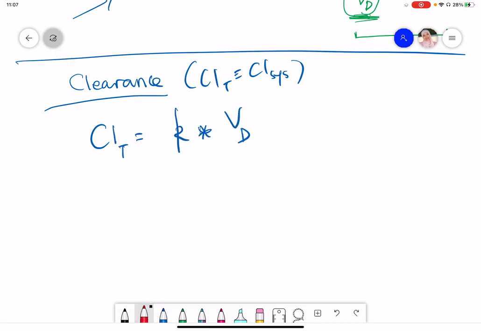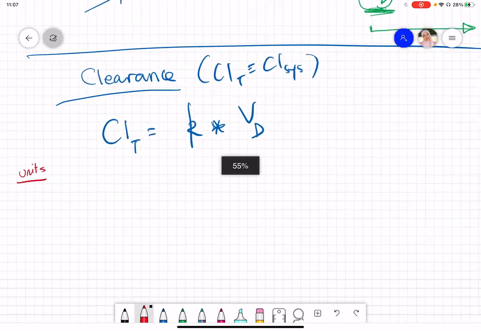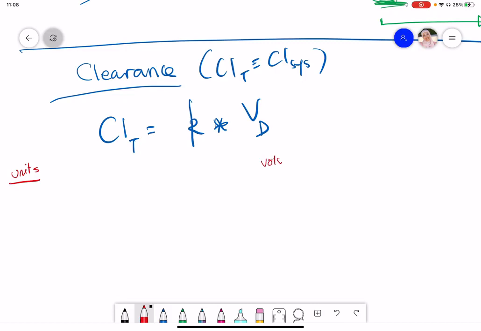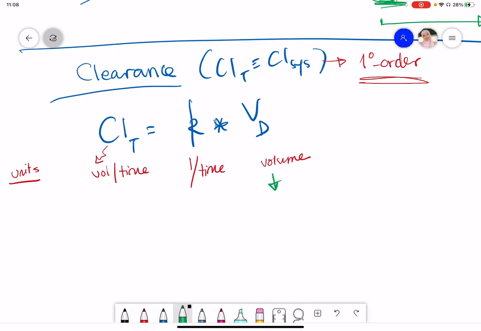We know that the unit of volume of distribution is volume, for sure. The unit of K is 1 over time. And again, we are talking here about first order or linear kinetics. So the unit of the clearance would be volume over time. We know that this is constant under first order kinetics, and we know the volume is constant, so by default clearance would be constant, right?